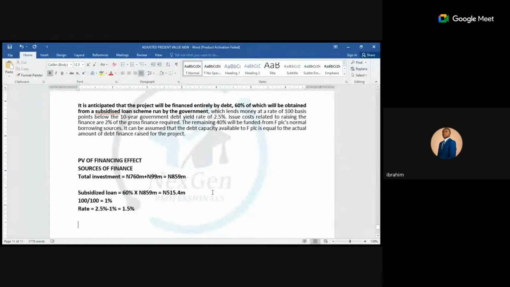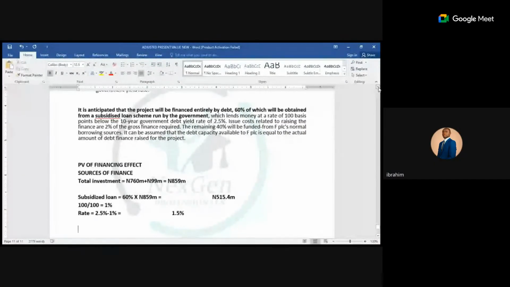We are still analyzing how they will source for this. Now, the balance of 40% will be funded from the normal borrowing sources. If 60% is subsidized, the 40% will be on commercial.